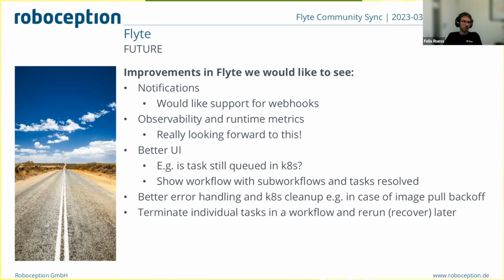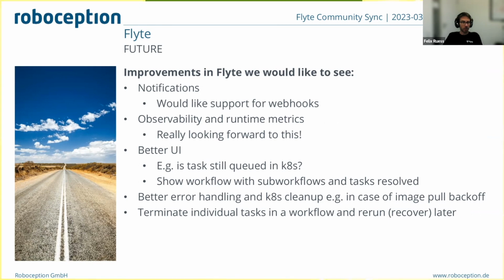Just some small things that would really help us a lot as developers, as engineers, to get a better idea of why some things are still not done yet and where they are queued. Also some small error handling cleanups. I think there are also some PRs already there from Dan or I don't remember who. So yeah, looking forward to that.